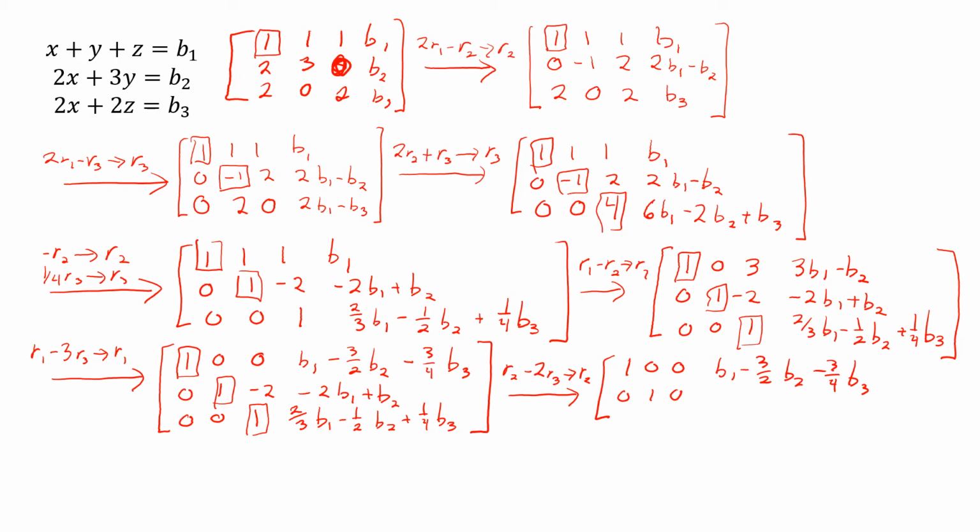And row 2 minus 2 row 3 becomes minus 2 minus 4 over 3. So minus 6 over 3 minus 4 over 3. That becomes minus 10 over 3 B1. The B2 is B2 plus B2, so it's plus 2 B2. And then it's minus 1/2 B3. And the final row stays the same.